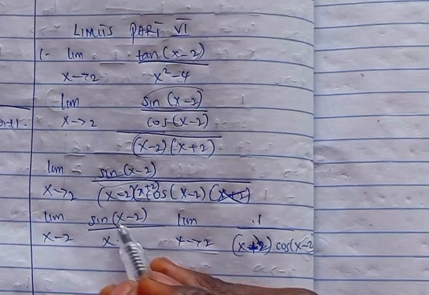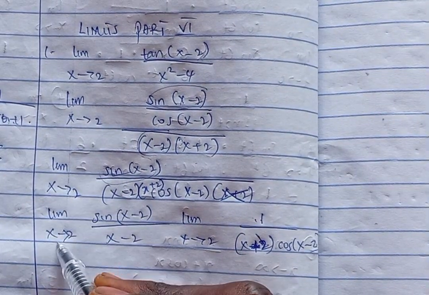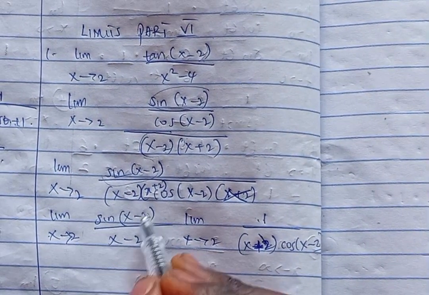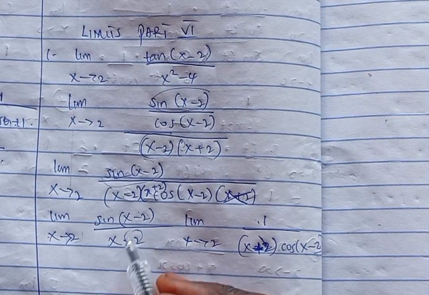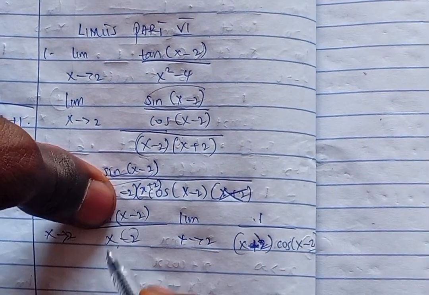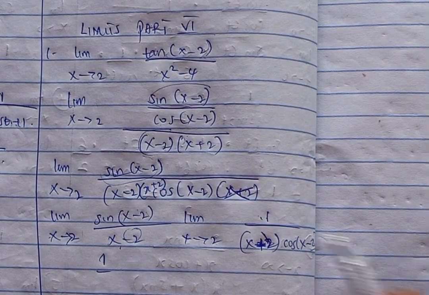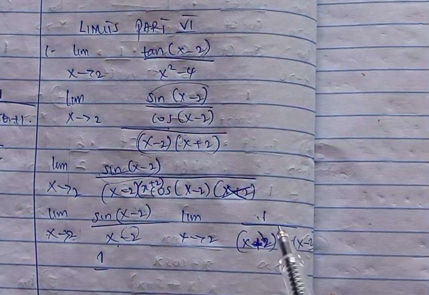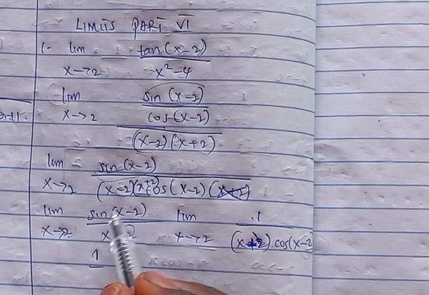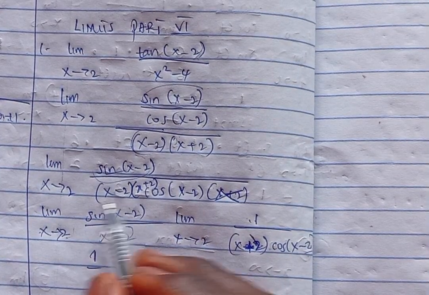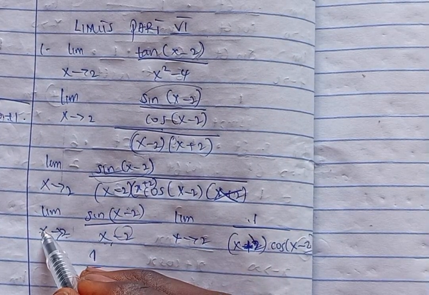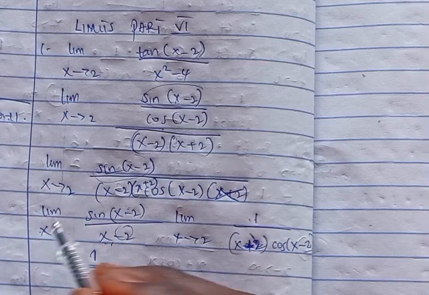Now this one, if I input 2 here, I will have 0 over 0, right? So it tends to 1. It's like that standard limit as x tends to 0, but this one is not tending to 0, and it doesn't matter. You just say this one is equal to 1, because x is not tending to 0 here.